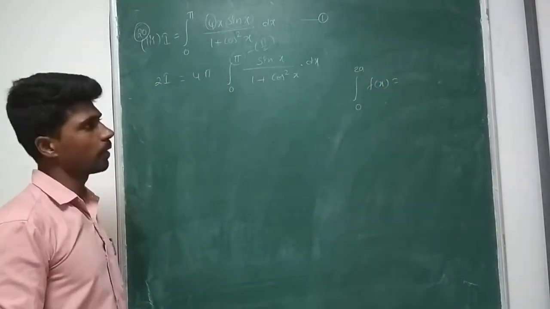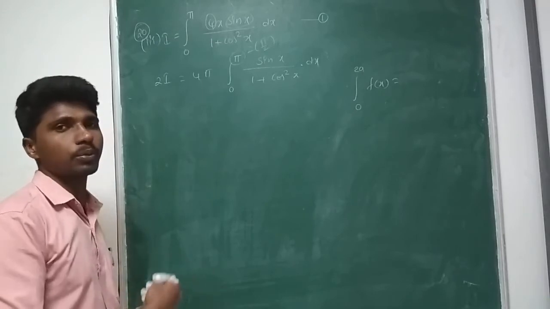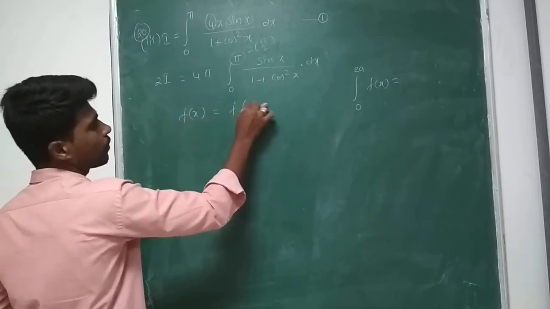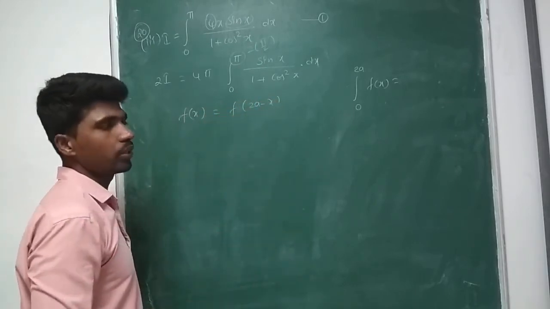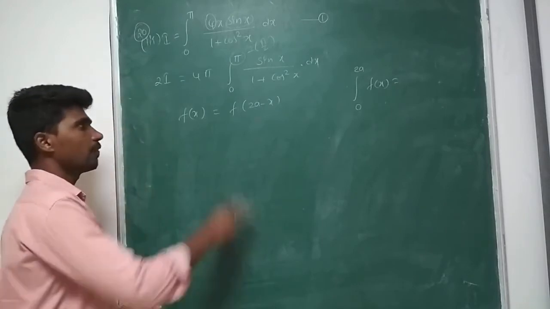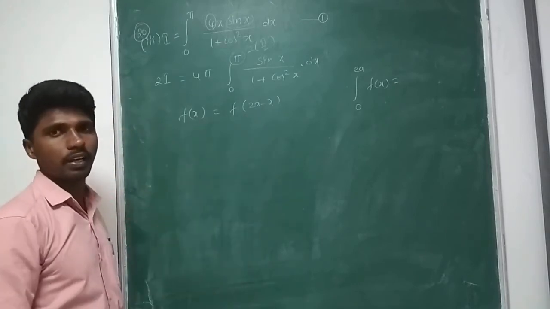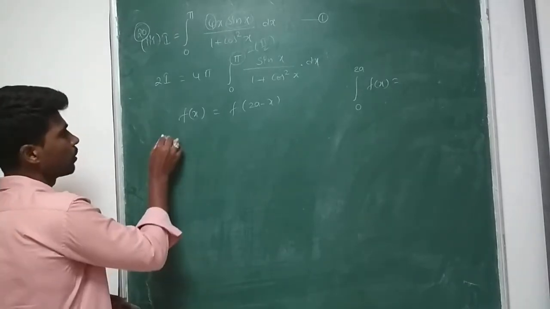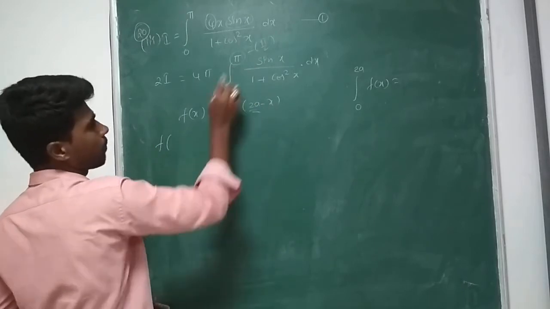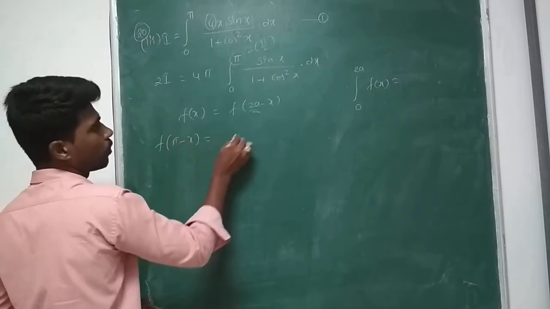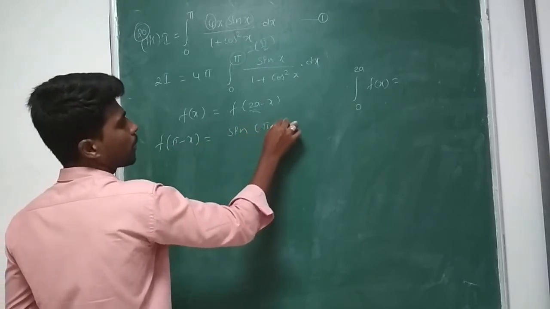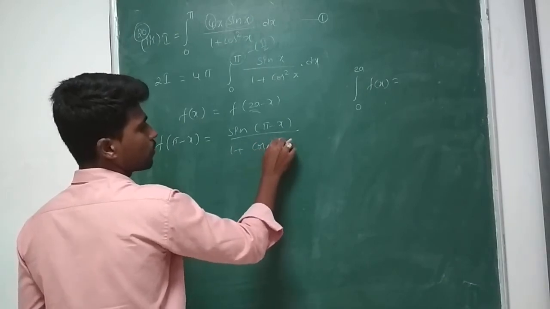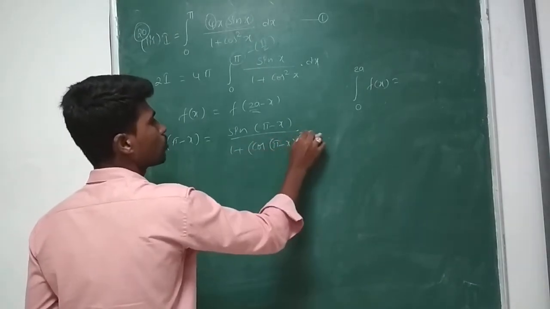So to check which case of the formula applies, there are two options. If f of x is equal to f of 2a minus x, I get the answer as 2 into integral 0 to a f of x. If f of 2a minus x is minus f of x, I get the answer as 0. So I check whether f of 2a minus x will be equal to f of x or not. The value of 2a is pi. f of pi minus x is equal to sin of pi minus x by 1 plus cos square pi minus x, which is nothing but cos of pi minus x whole square.